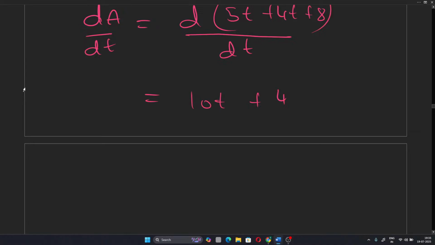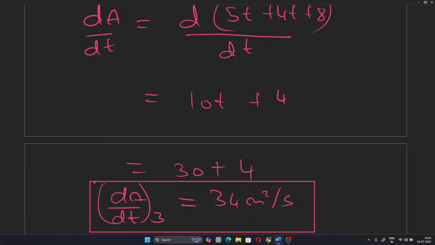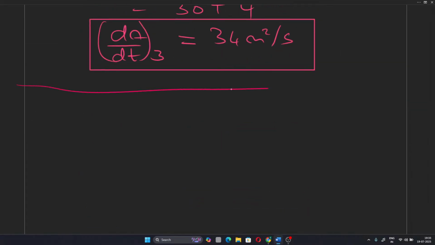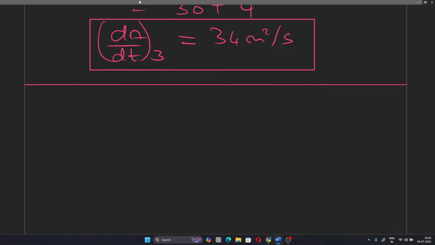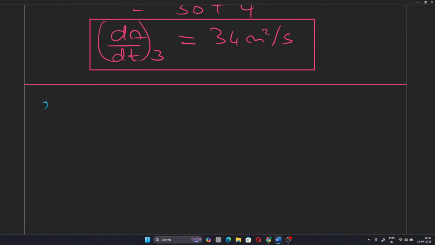They gave t equals 3, so 10 times 3 equals 30 plus 4, which equals 34 meter square per second. Now let's go to the next question. If acceleration, these are all easy questions.